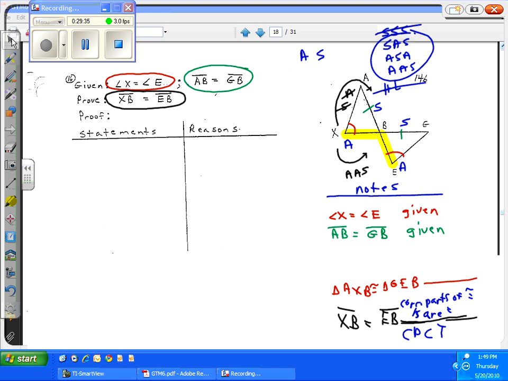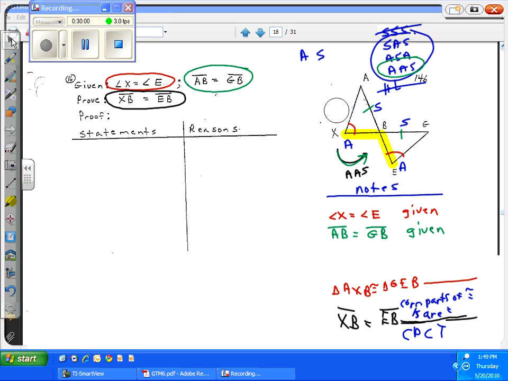Okay? So it's looking kind of like angle, angle, side because of the way that angle and side are located, right? Because of where that side is located in relationship to that angle, it seems obvious we're going to prove it by angle, angle, side, but we've got to figure out if we're going this way or we're going this way.